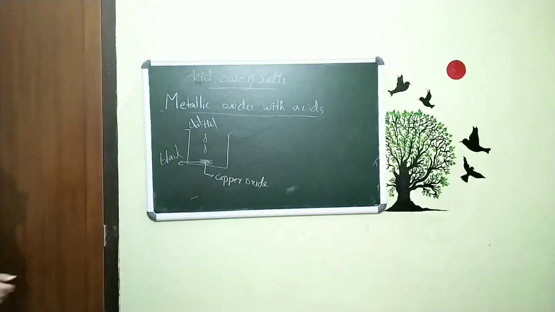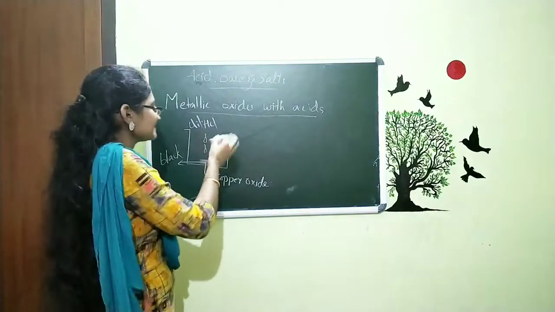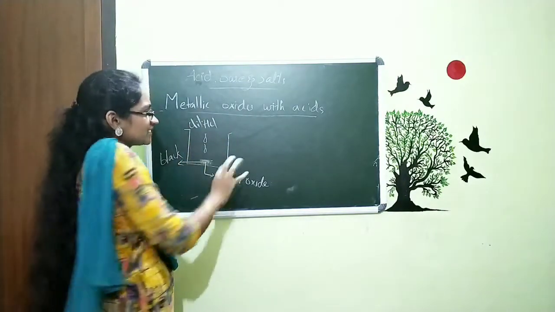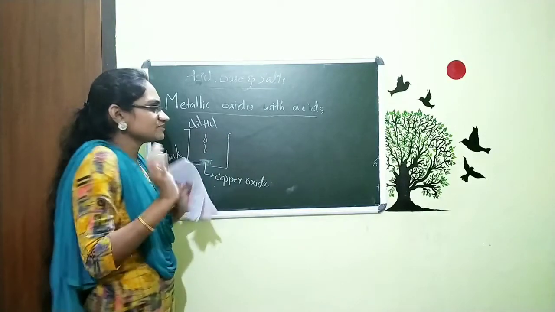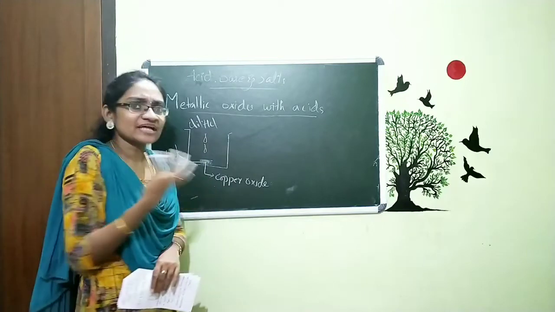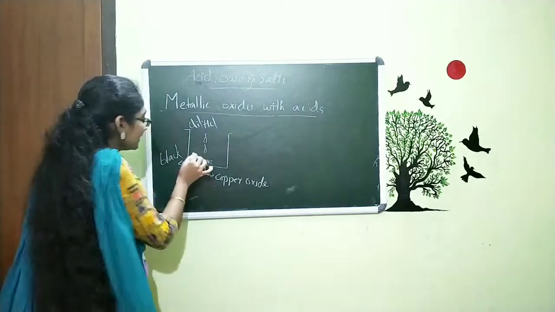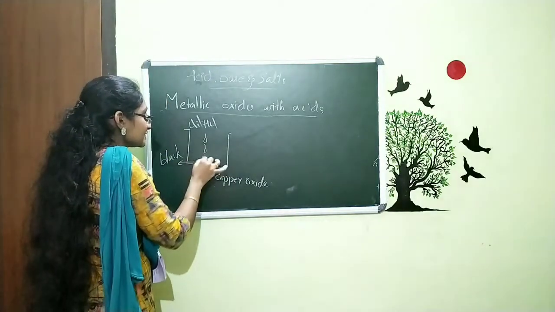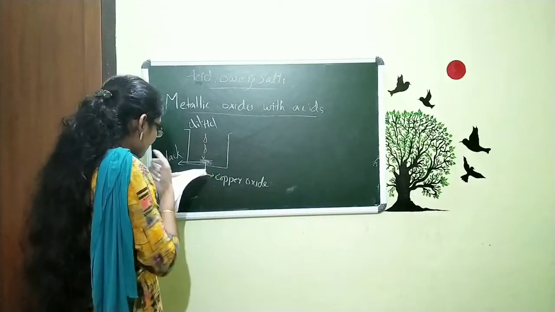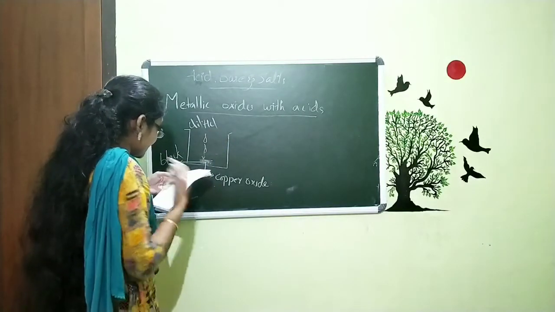What is the color of this dilute hydrochloric acid? Actually, the color is transparent or similar to white. When we increase the concentration, it will be something yellow. But generally we can say it is transparent and colorless. But when we add this and shake, you can see that they produce the color green.